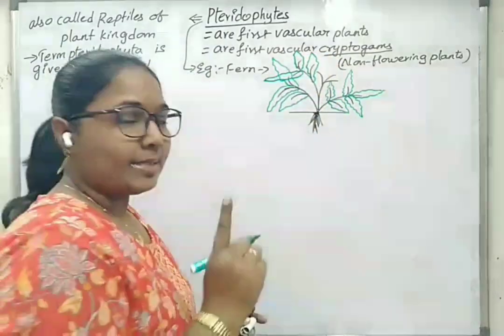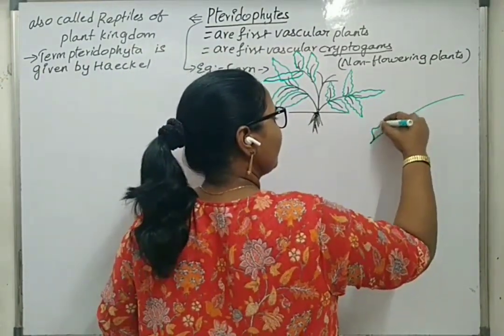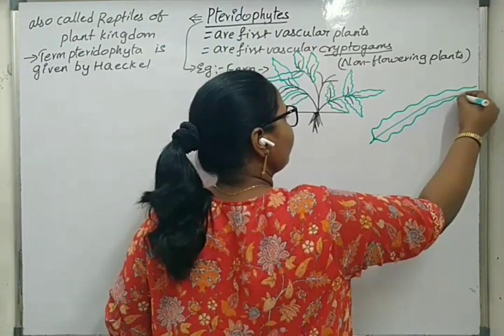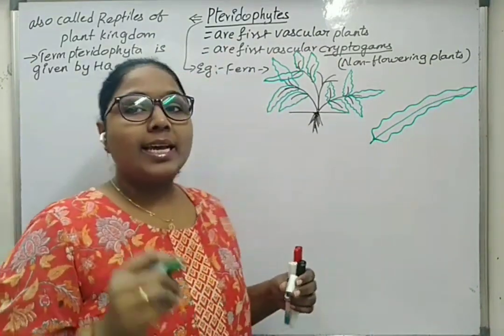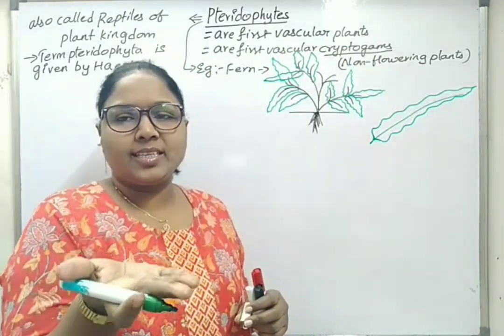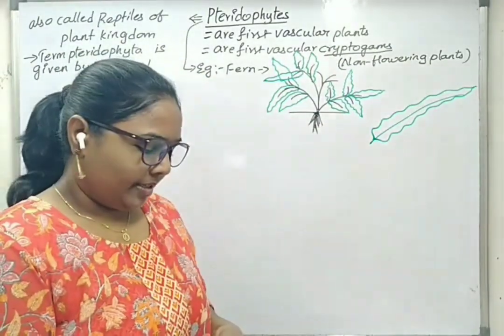If we take one leaf-like structure separately, we can draw it like this. On the abaxial side, the lower side towards the earth surface, there are some special structures responsible for reproduction.